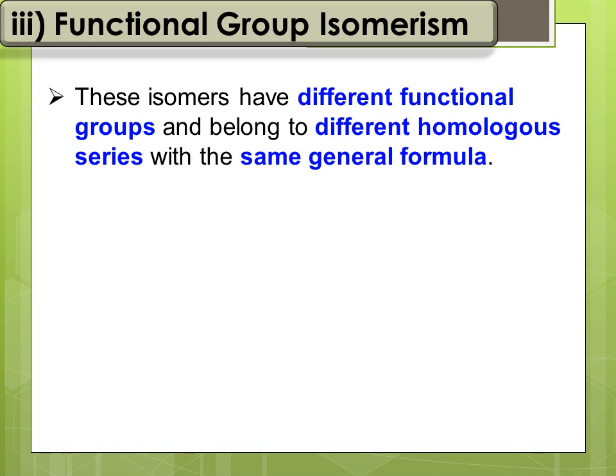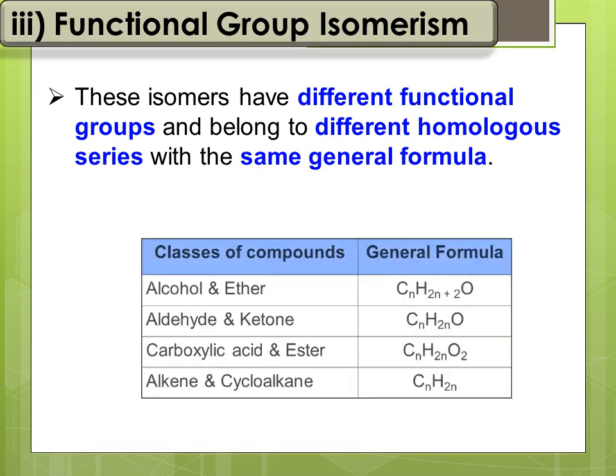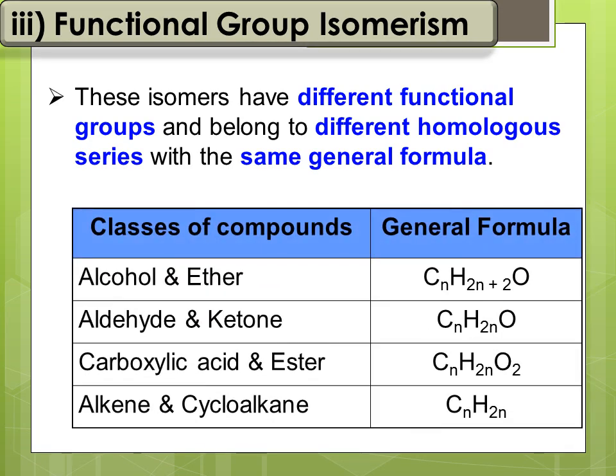Functional group isomers have different chemical and physical properties. Some examples of functional group isomers are given in the table below. The following are examples of functional group isomerism.